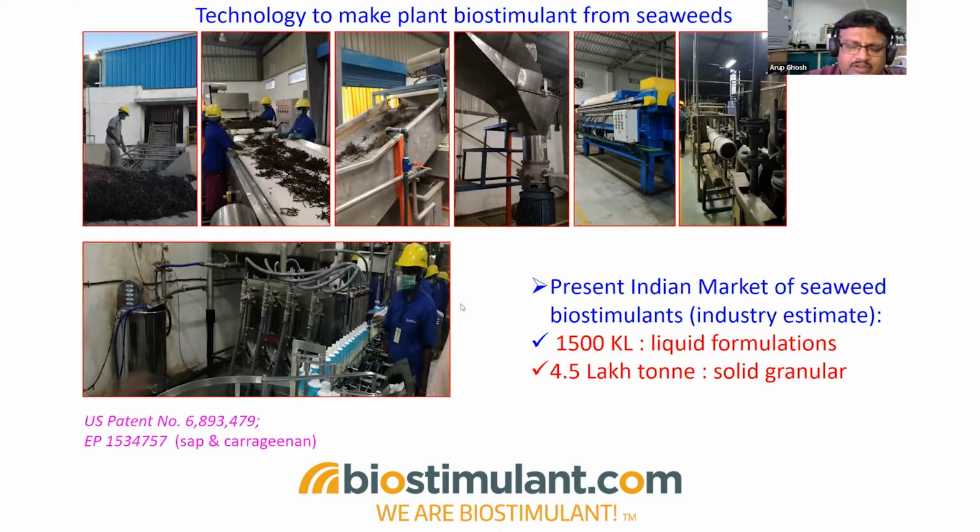Carrageenan is a hydrocolloid, and this is used in many products across different food as well as pharmaceutical sectors. For example, in toothpaste, in ice creams, in pet foods, in clarification of beer, and so on.